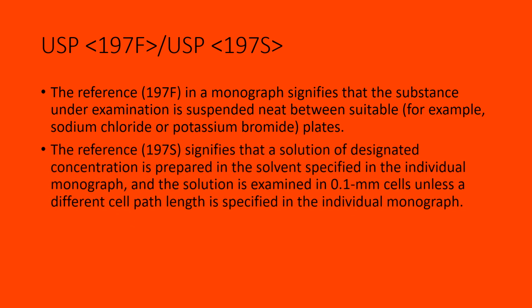The reference 197S signifies that a solution of designated concentration is prepared in the solvent specified in the individual monograph, and the solution is examined in 0.1 mm cells unless a different cell path length is specified in the individual monograph. The USP 197F and USP 197S provide procedures for IR scans of neat samples and solutions.